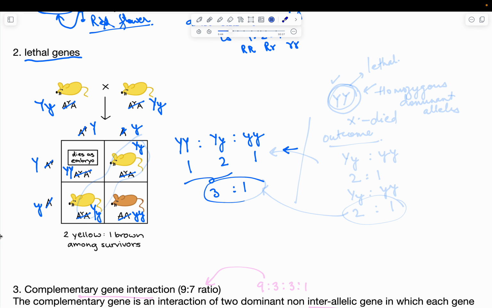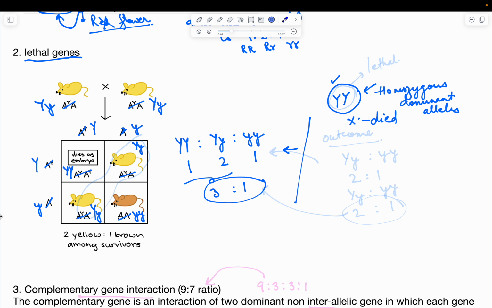Fine, but what happened in this case? The mice which inherited the two homozygous dominant alleles, they died.